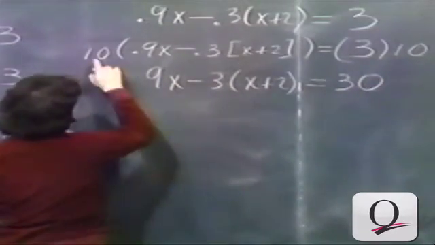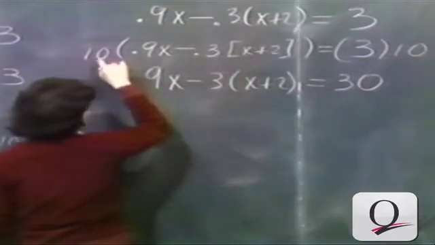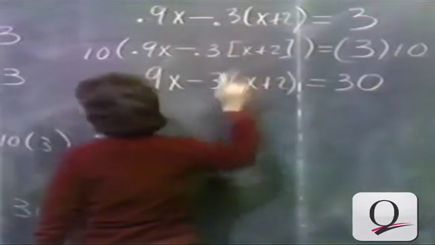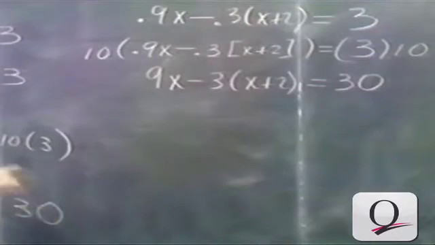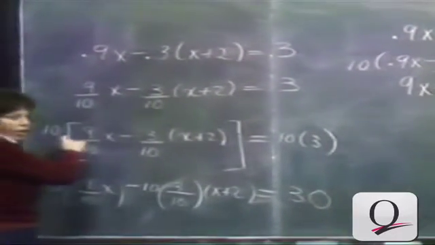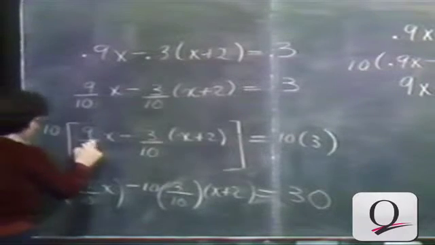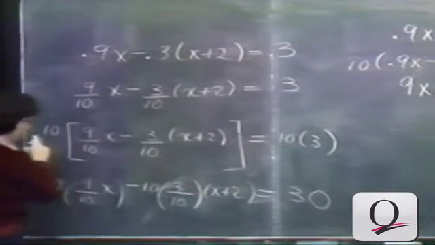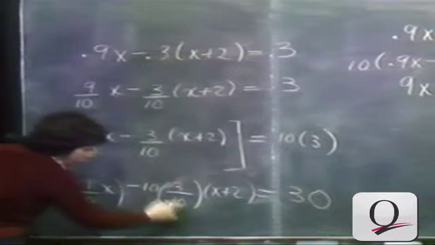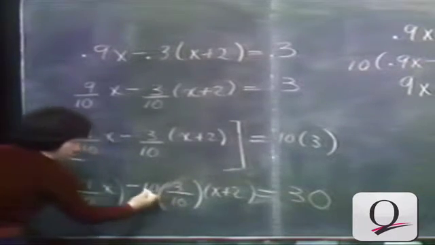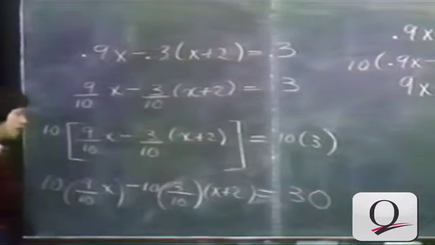OK, now you don't multiply the 10 times the 0.3 and then the 10 again times the x plus 2. Remember, there was no problem when you were dealing with fractions over here. If you're multiplying by 10, you multiply this by 10 and this by 10. You're just really multiplying the 3/10 by the 10, then you multiply the result by x plus 2.